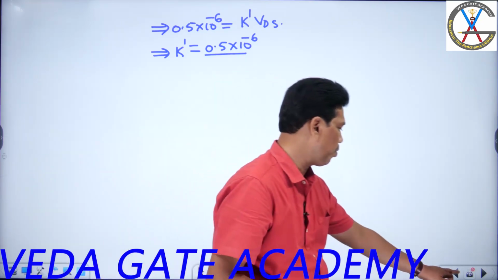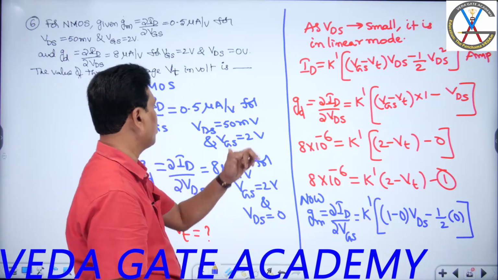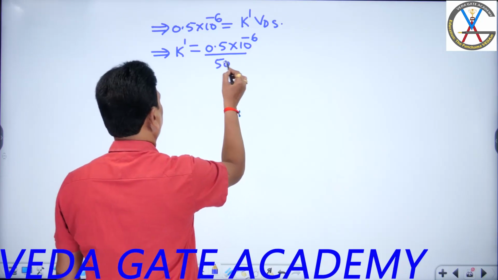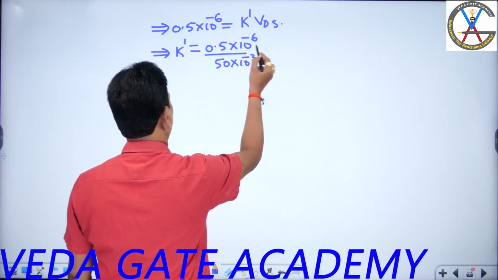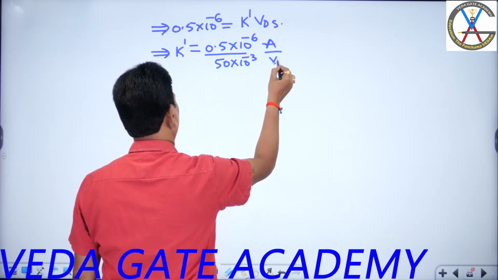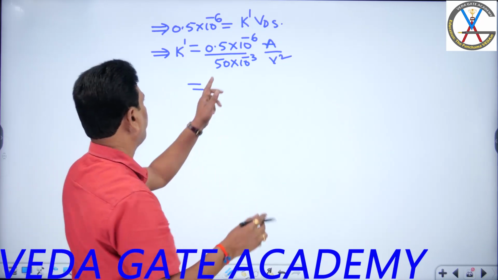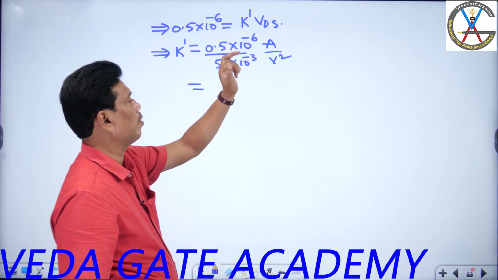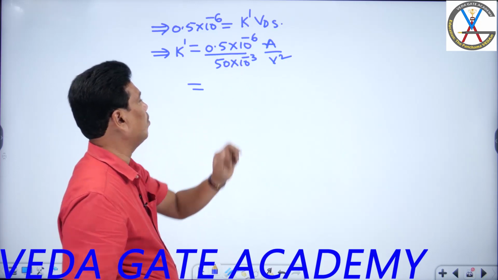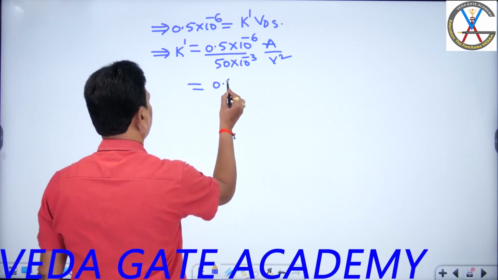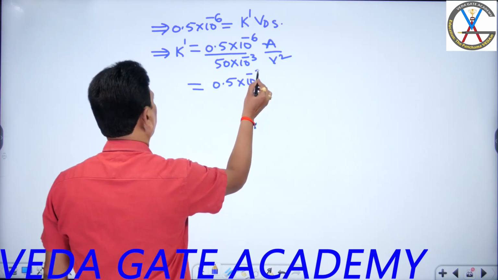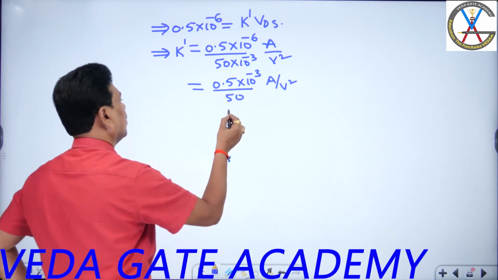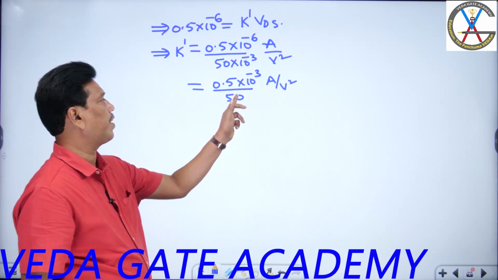In the first case, what is the drain voltage he has given? 50 millivolts, that is 50 into 10 power minus 3. So 0.5 into 10 power minus 6 divided by 50 into 10 power minus 3 gives ampere per volt square. 50 can be written as 0.5 into 10 square.